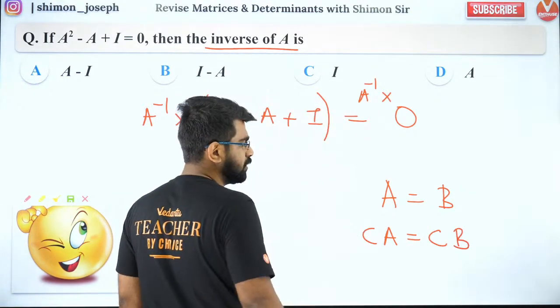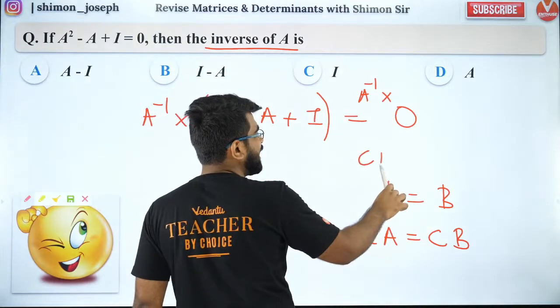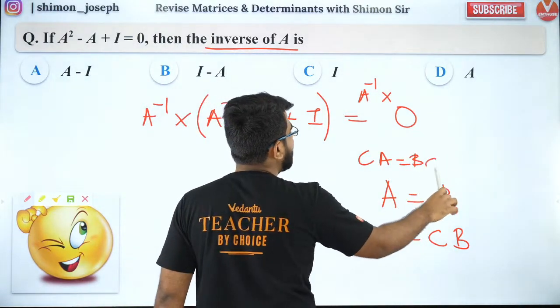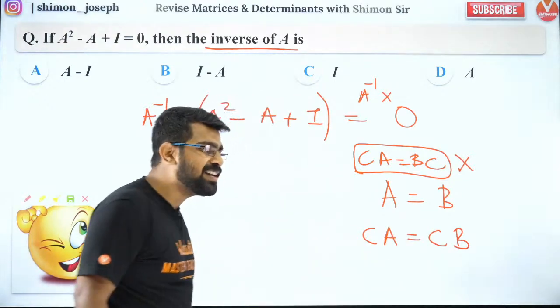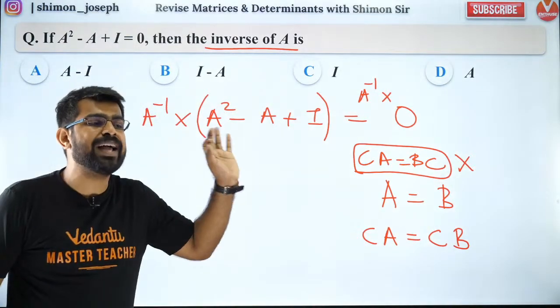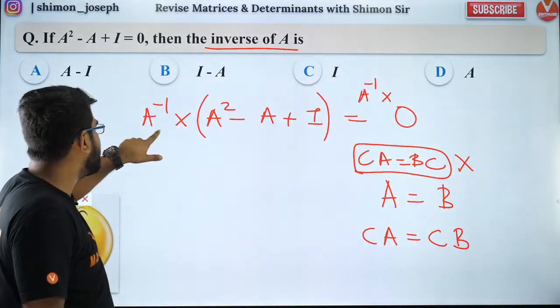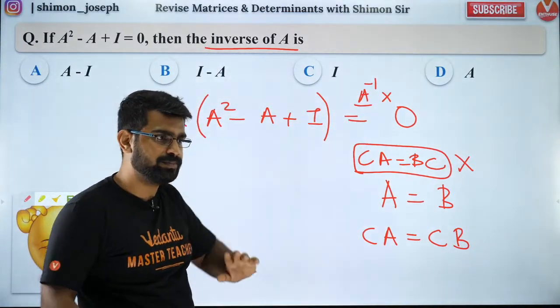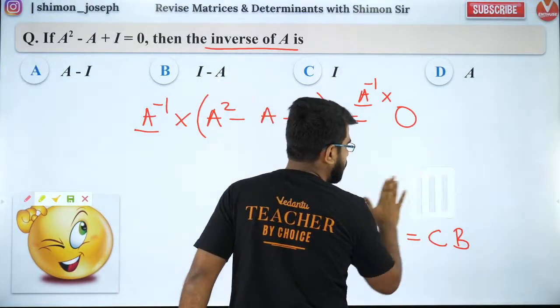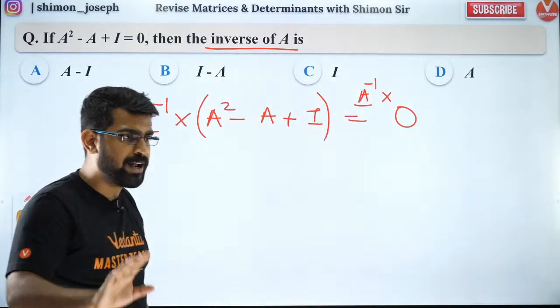I cannot write CA is equal to BC. That is absolutely wrong, because in matrices, the order in which you multiply matters. So if you pre-multiply in the front, that also you should pre-multiply. Got it? I explained a very nice misconception here. I hope you got it.